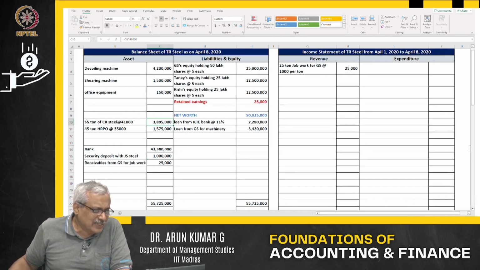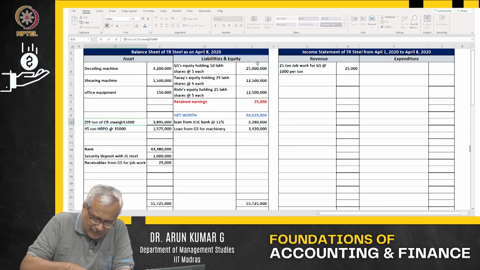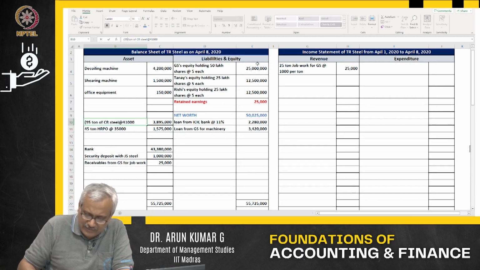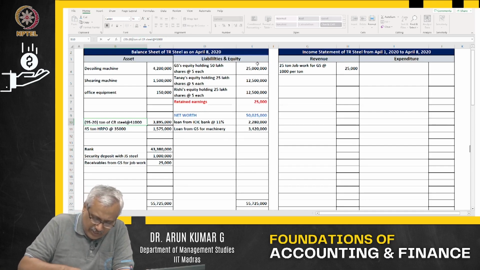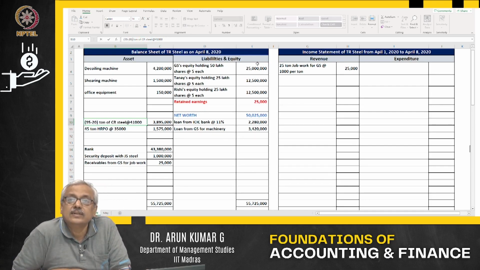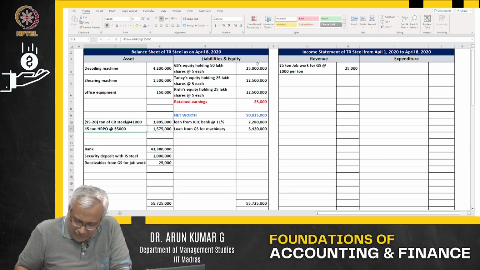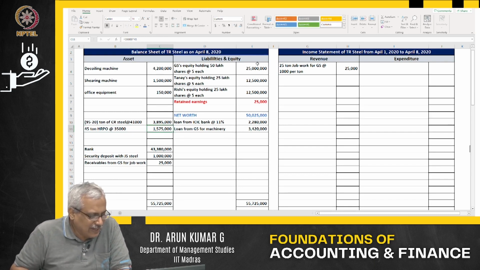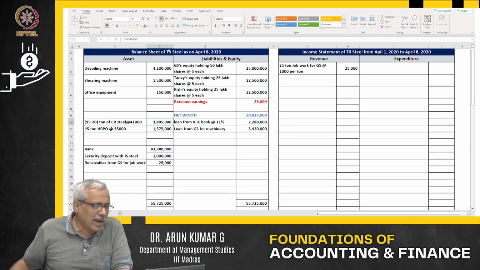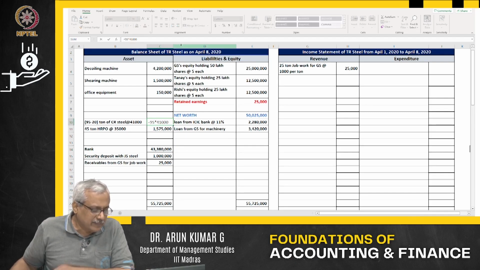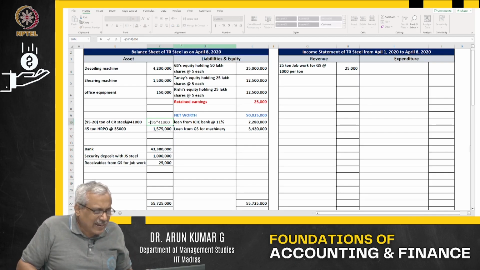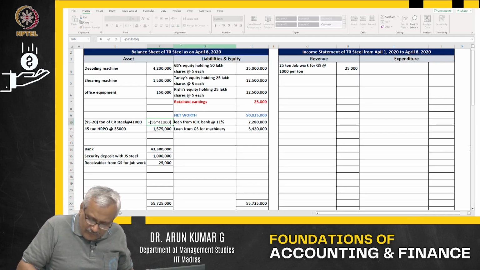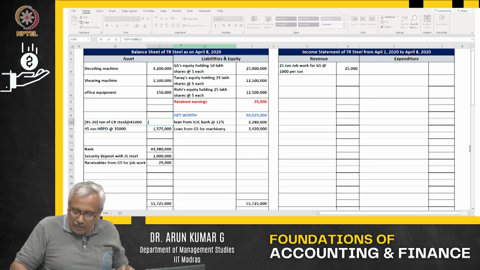When you have utilized 20 tons of CR, then what happens in this particular case? First, I will utilize the 20 tons of CR. 20 tons goes away. So, what is the value of what is there in your stock? Whatever I have utilized goes away. It is not owned by you anymore.